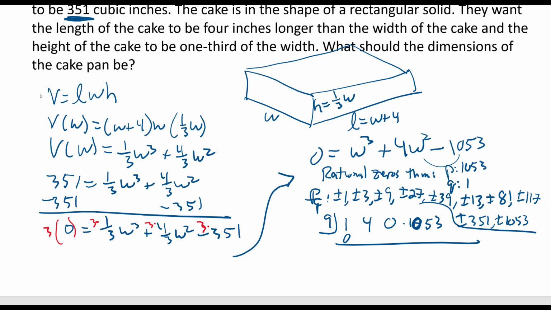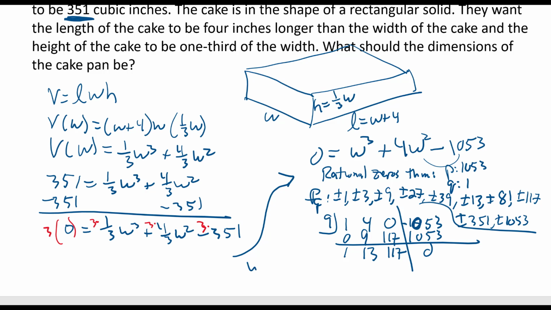So 1, 9 times 1 is 9, 4 plus 9 is 13. 9 times 13 is 117. 0 plus 117 is 117. 9 times 117, this is negative here, so it's positive 1053. So it's 0. So that tells us that 9 would be the width, because that is a zero of this.